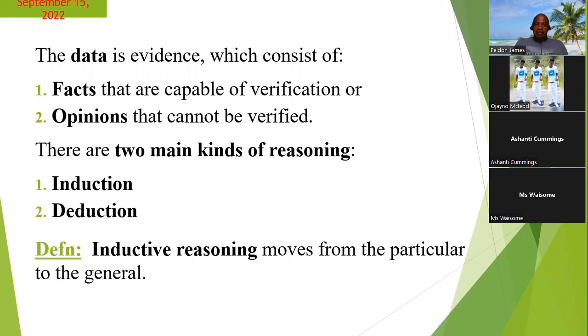Now, we have two main kinds of reasoning in general. We have inductive reasoning and deductive reasoning. Inductive reasoning is where you move from the particular to a general situation. So in other words, with inductive reasoning, you may see a little problem and then you do a little experiment and investigate the problem.